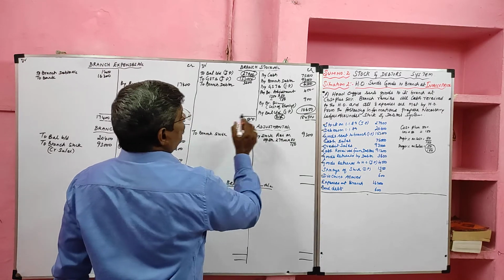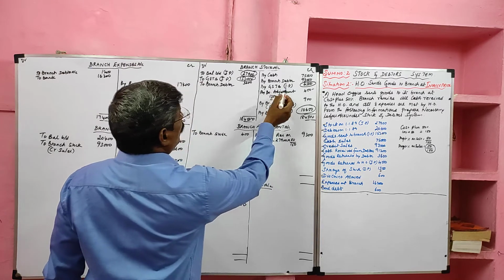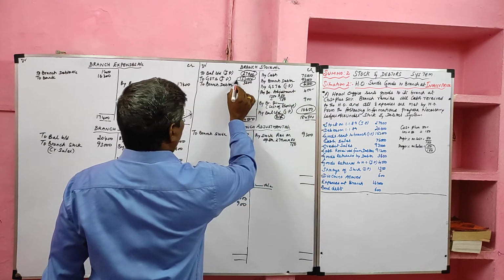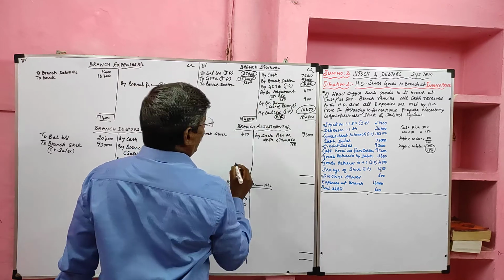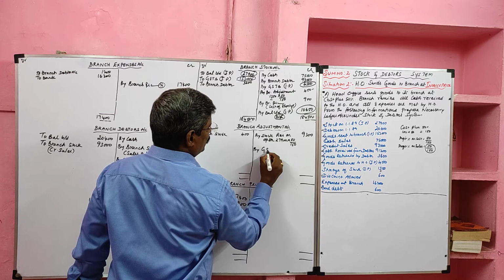Then we will take stock reserve on goods sent to branch. For that, if goods returned to head office is given, what we have to do? We should deduct goods returned to head office from the goods sent to branch. For the balance we will take a stock reserve that we will write in the credit side of branch adjustment account as goods sent to branch.